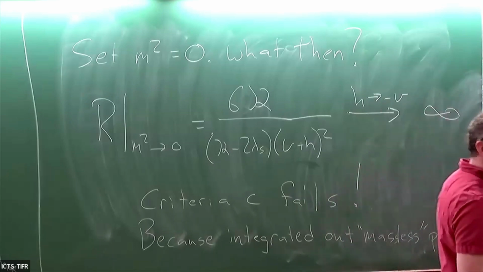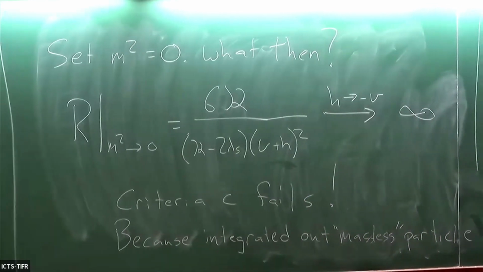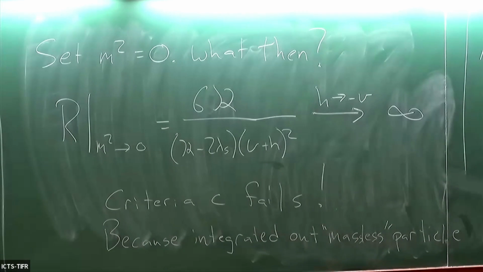I put the quote in massless because, of course, when I go to the physical vacuum, the particle I'm integrating out gets a mass from the Higgs VEV. So it is a massive particle, and in principle I can integrate it out self-consistently. If you don't know this, maybe you heard it from doing Coleman-Weinberg calculations or some example like that: you generate non-analyticity when you integrate out massless states.